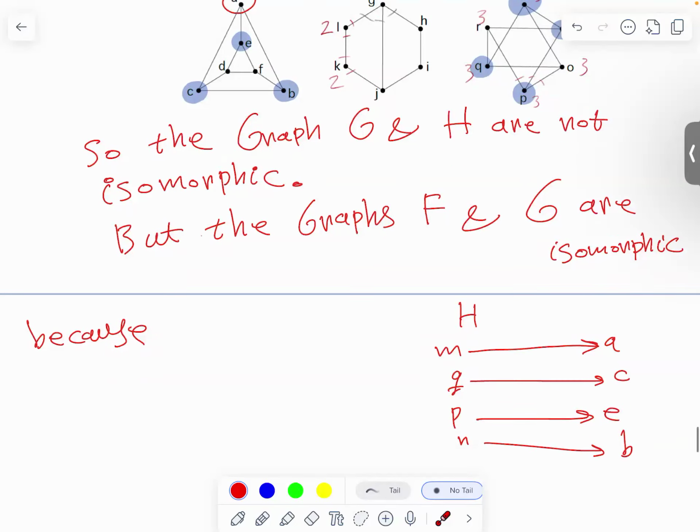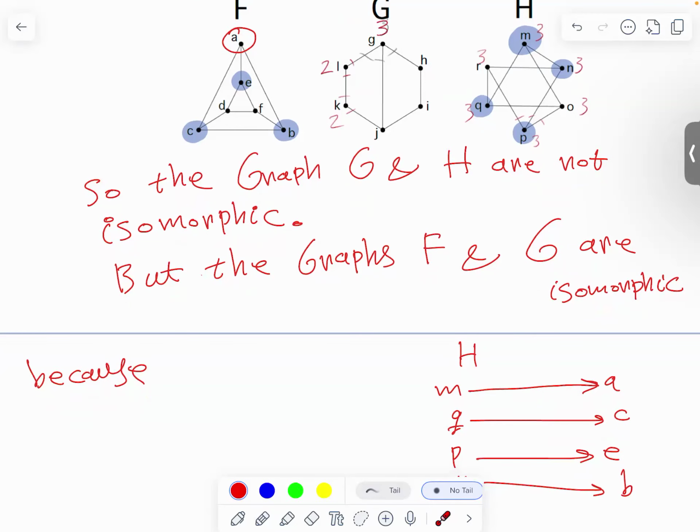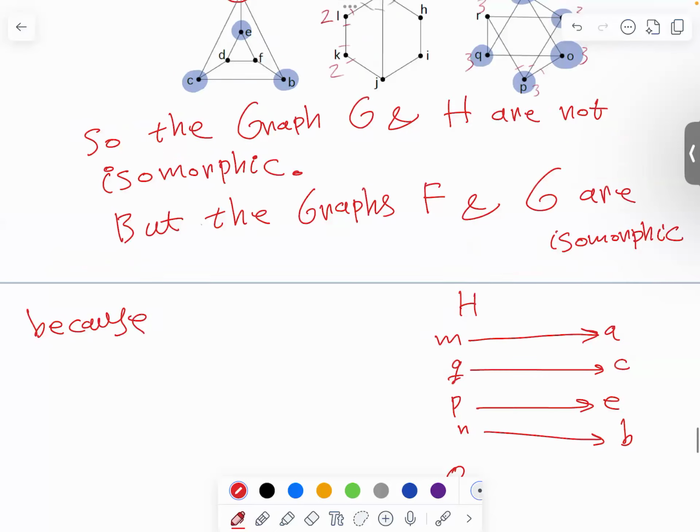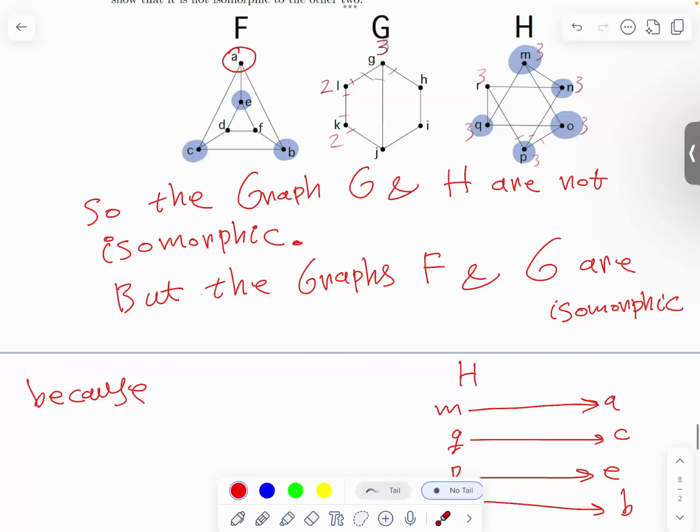Now let's move to O. So from there is O, and O is related to P. It's already chosen. So let's not use this one.